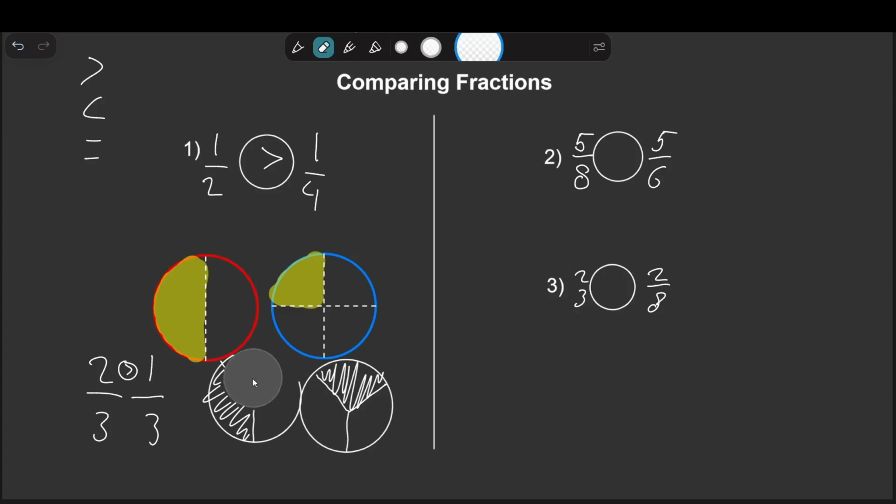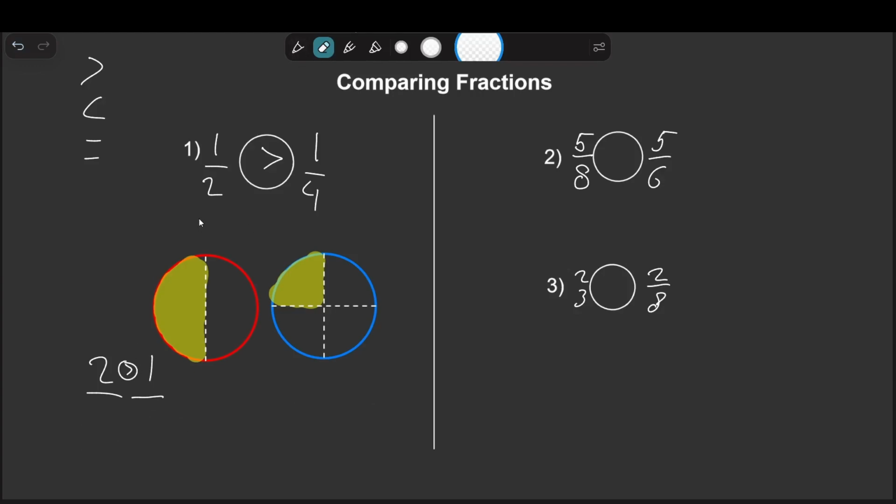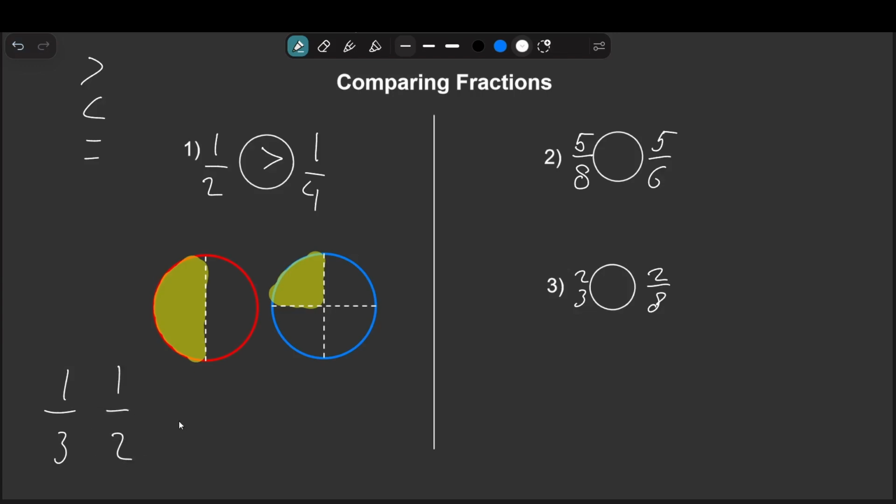But let's say we have two circles again, but the numerators are the same and the denominators are different. Let's do 1/3 and 1/2.